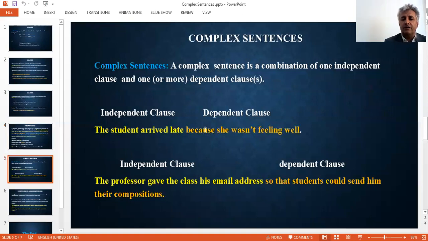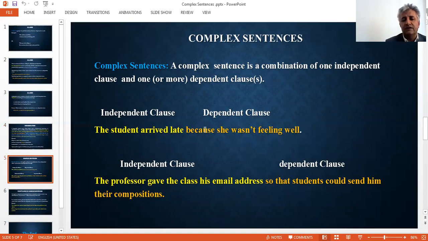Now that you have learned the difference between independent and dependent clauses, the definition of a clause and subordinators, we can explain complex sentences and it is easier to understand. A complex sentence is a combination of one independent clause and one or more dependent clauses.